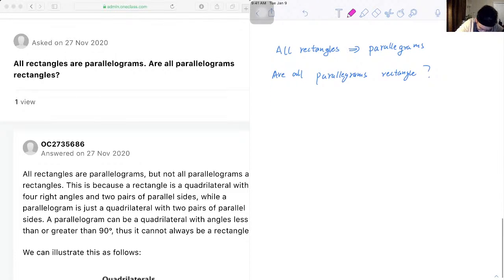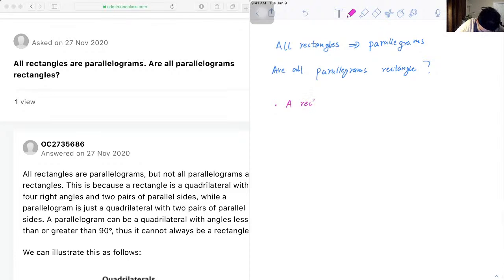So first, let's clarify that a rectangle is a quadrilateral with 4 right angles, just 90 degrees angles, and 2 pairs of parallel sides.